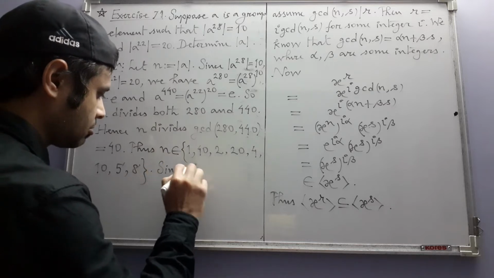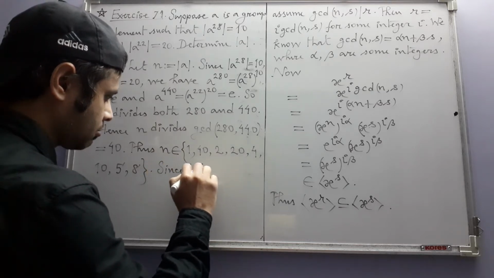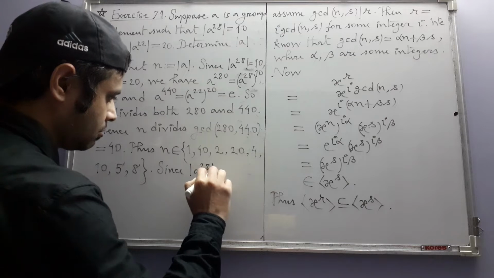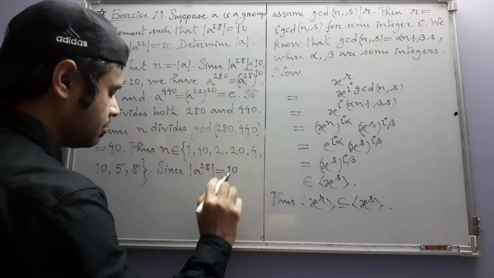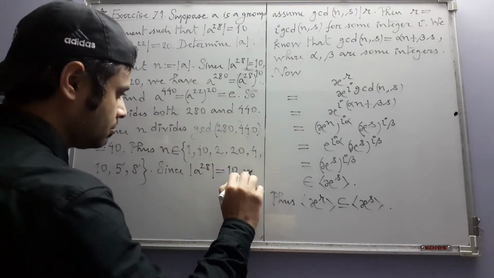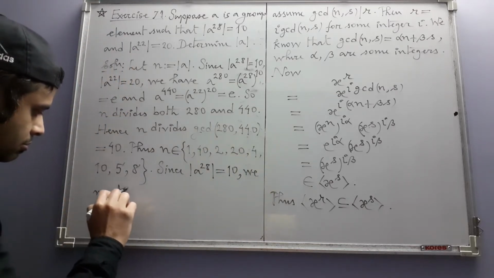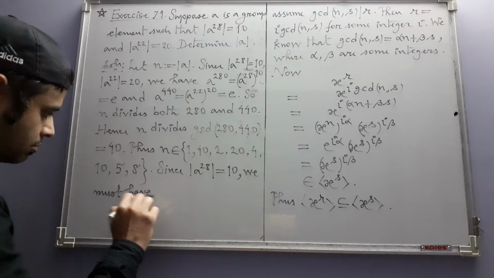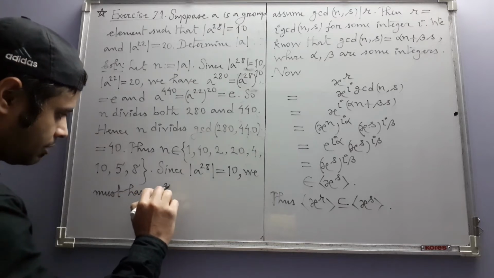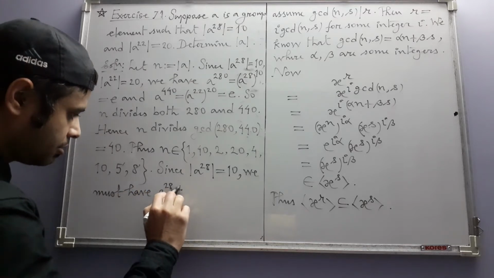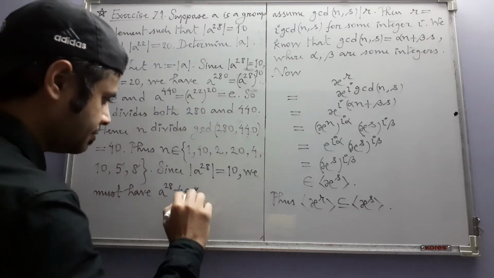Since the order of a to the power 28 is equal to 10, we must have a to the power 28 not equal to identity.